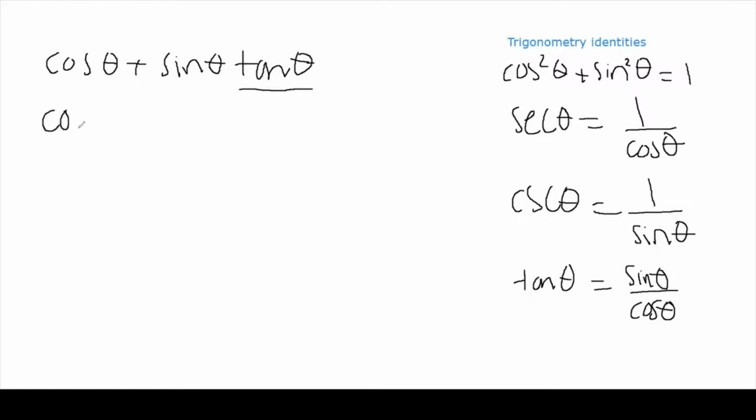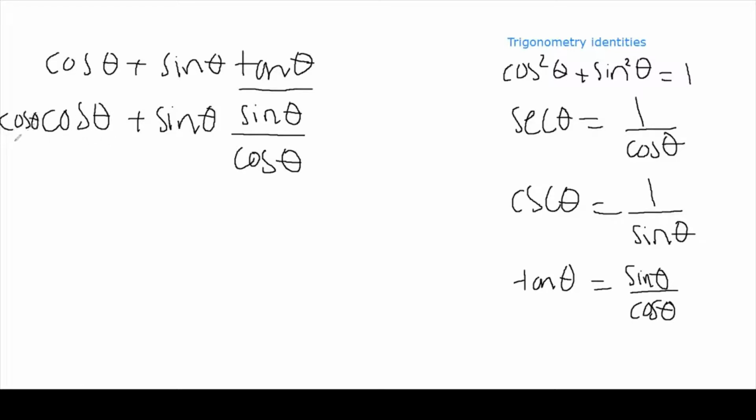So cosine of theta plus sine of theta, we can just replace tangent of theta by sine of theta divided by cosine of theta. What we can do next is use the common denominator to solve this, and so we can just multiply cosine of theta by cosine of theta.